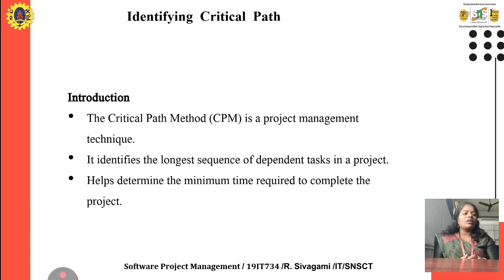Okay, what are all the dependent tasks in this project? It helps to identify those, and it helps to determine the minimum time required for the completion of the project.